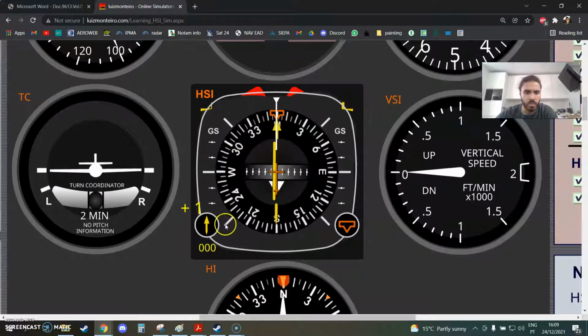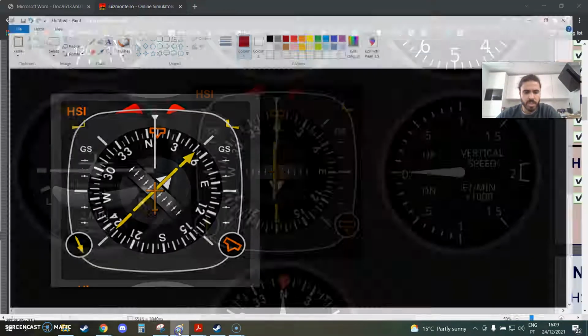And obviously the OBS, omni-bearing, sorry, this is not the OBS, this is the course selector knob, that allows you to select a certain line of position. And so this covers the first thing that I want to talk about in the HSI.